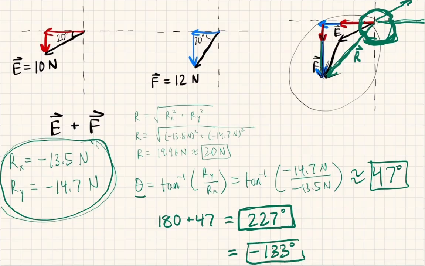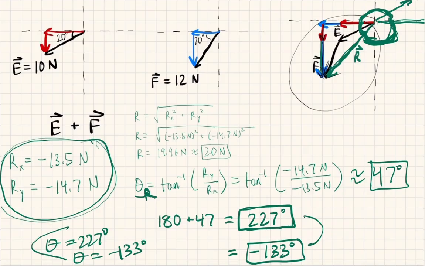Again, because we're going clockwise from the positive x-axis. So these are both correct. And let me mark this with an R just to show that this is our reference angle. And the direction angle is either, like I said, 227 degrees or negative 133 degrees.